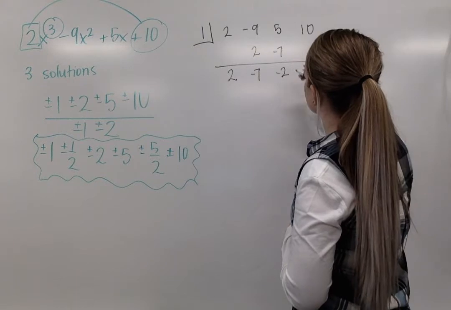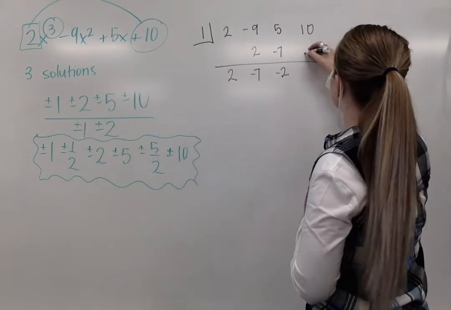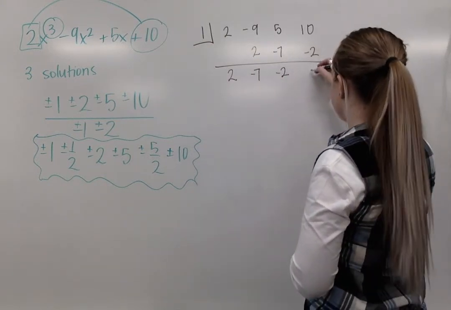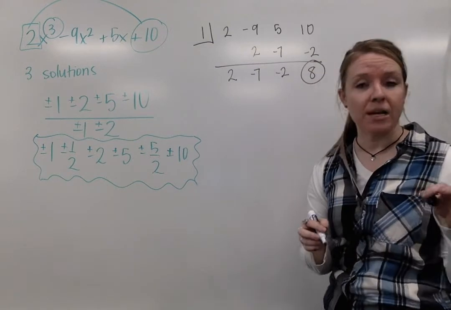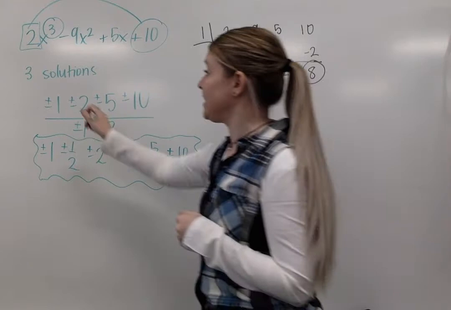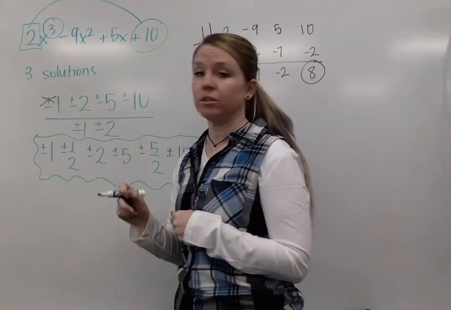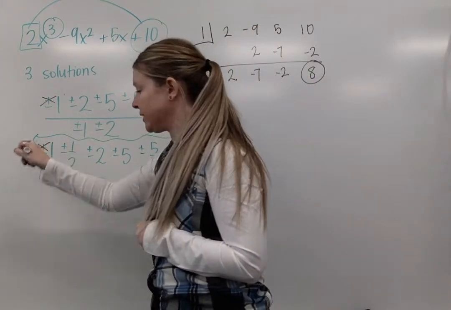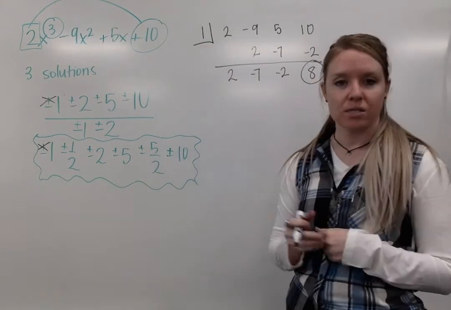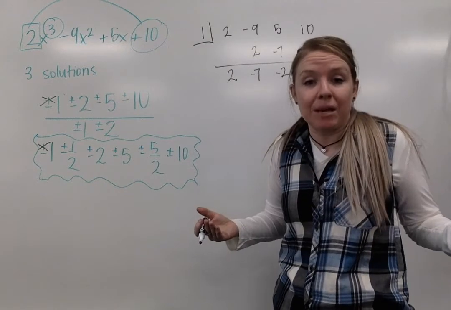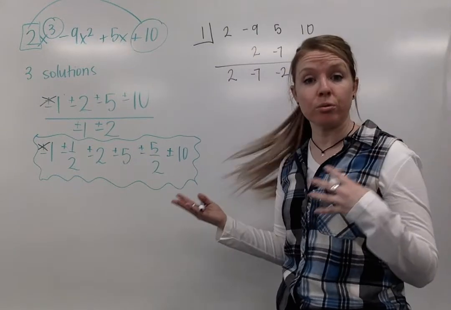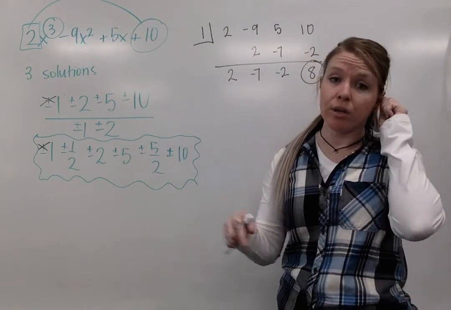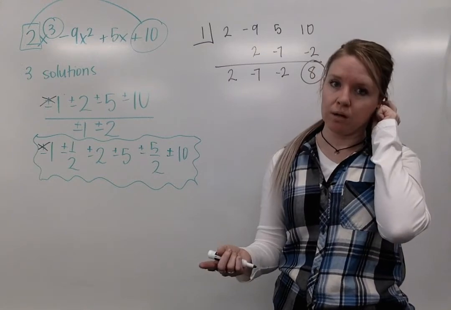Plus 5 is -2. 1 times -2 is -2. 10 plus -2 is 8. That is not a remainder of 0, which means 1 is not a solution. I should mark it off my list here. 1 doesn't work, so I've got to keep guessing. Right now, that's my only option. I'm going to have to go through this list until I know either it works or it doesn't work.